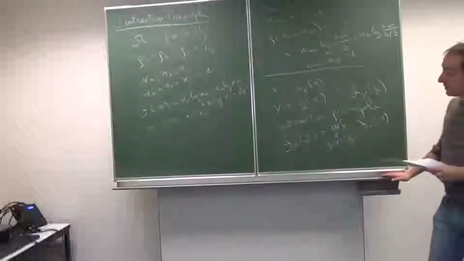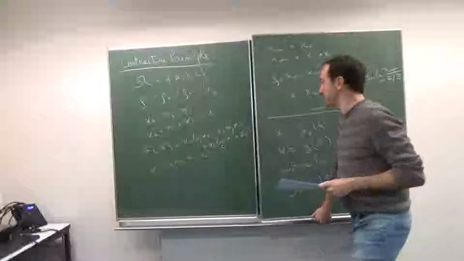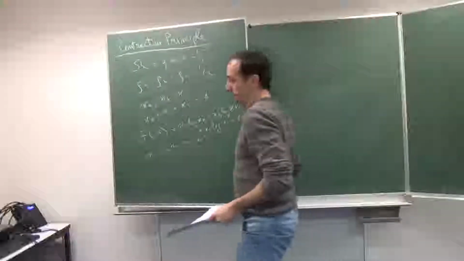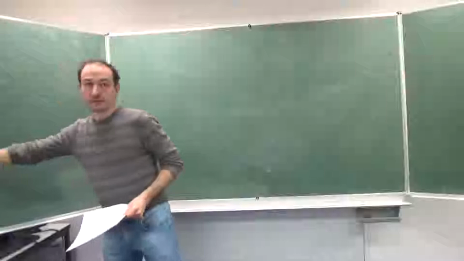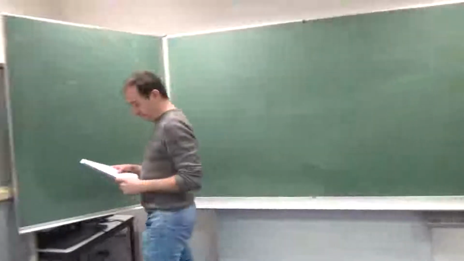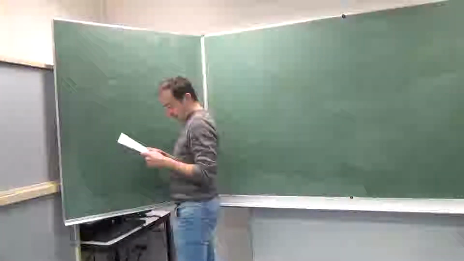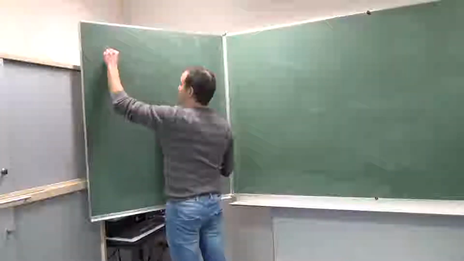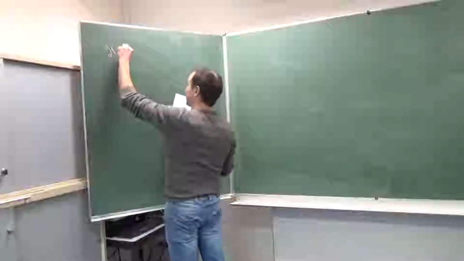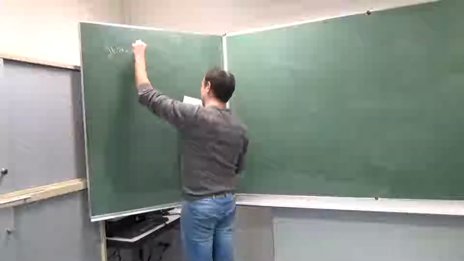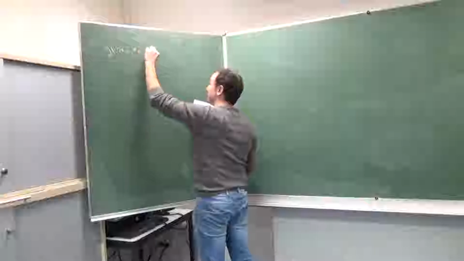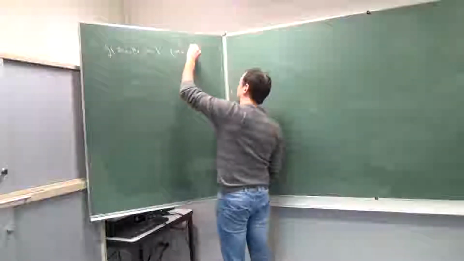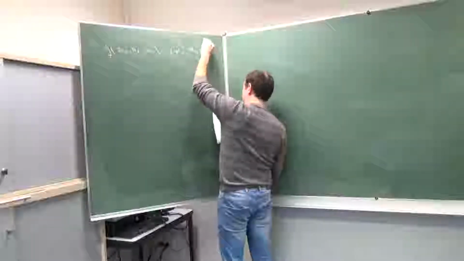So let's see if the principle works in the case of our example. We have that y of XA, XB, XC is XA, XB plus XC.